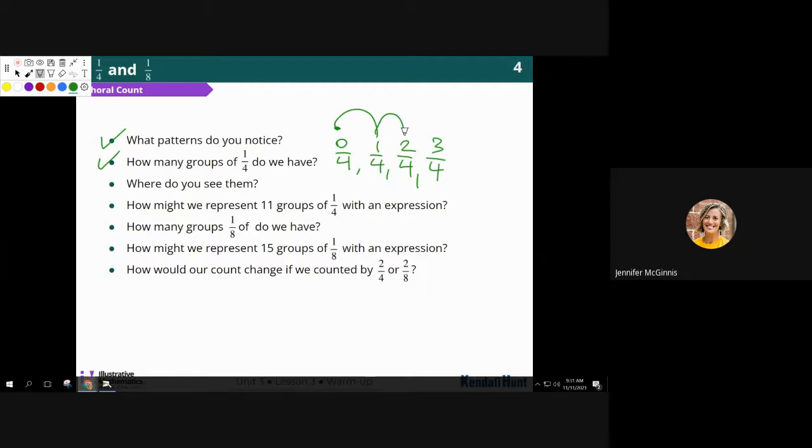How might we represent 11 groups of 1/4 with an expression? You want to talk to your table for like 2 seconds? Yes. Go.